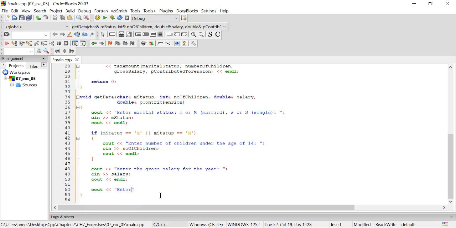And then we can cout "Enter percentage of salary contributed to pension, 0 to 6%."